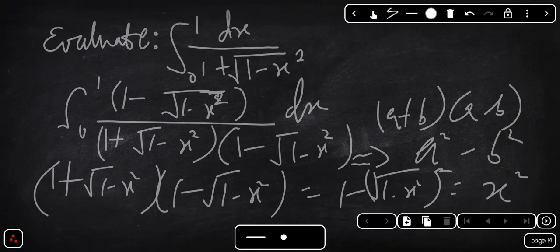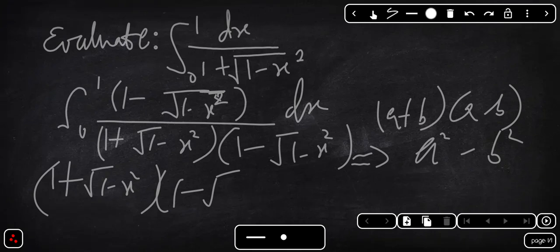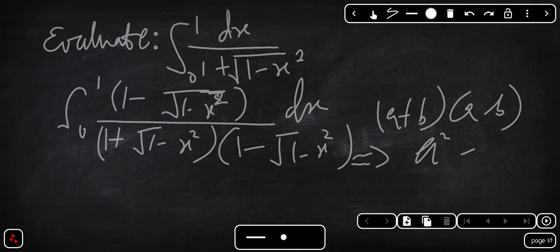If we expand, we are going to get x squared. So since we already know that the denominator is x squared, the integral will be so easy for us to solve without any problem.